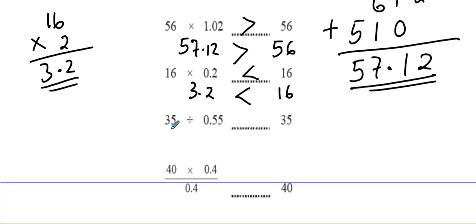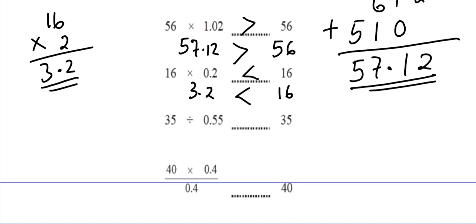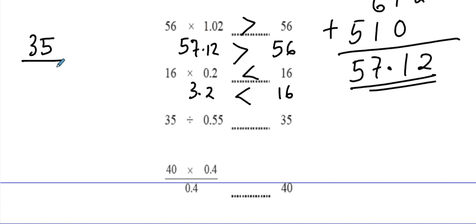Okay, another one is 35 divided by 0.55. You can do it mentally or use a calculator. If the question is in paper 2, you can use a calculator, but if this question is in paper 1, you have to use your mental capability. Set that division as a fraction, so this will be 35 over 0.55.